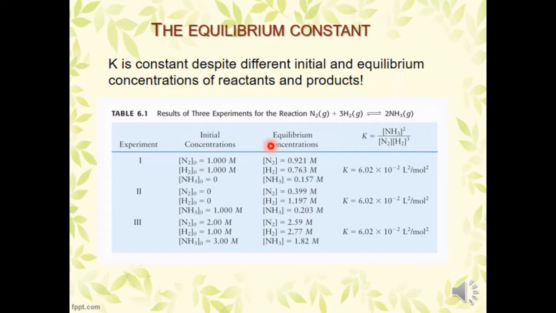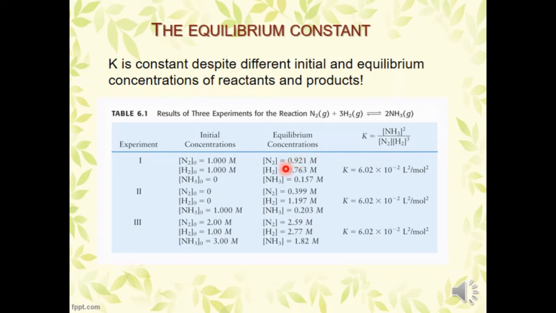So these are done experimentally. The reaction between nitrogen and hydrogen to produce ammonia. Note that the reaction is in gas phase. There are 3 sets of experiments being conducted here, and each set starts with a different concentration of reactant. When we start with different concentrations of reactant, we end up with different concentrations of product, as well as reactant, after equilibrium has been achieved.